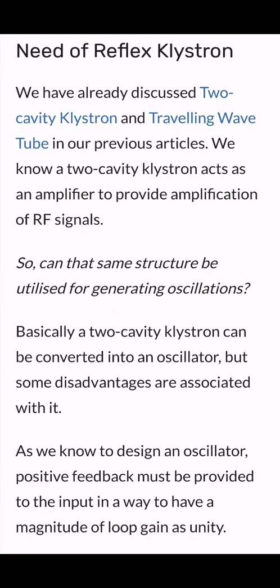As we have already discussed the two cavity klystron and traveling wave tube in our previous lectures, we know a two cavity klystron acts as an amplifier to provide amplification of RF signals.